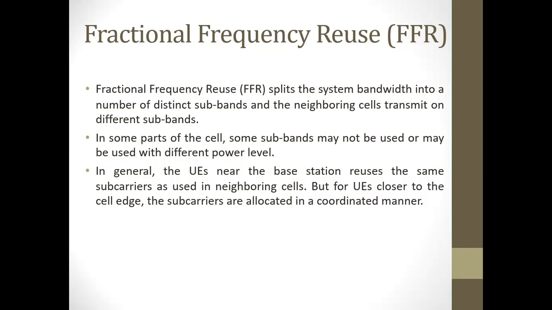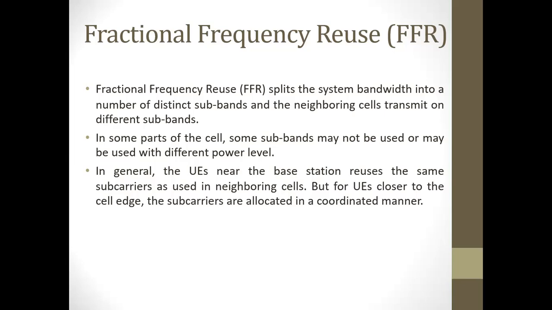You split the bandwidth, and basically for the cell edge areas, you allocate a part of your bandwidth and control them differently. Because cell edge is the problem, as we are discussing. Even for the last case, say you're looking at some resource block, most likely they are cell edge users.